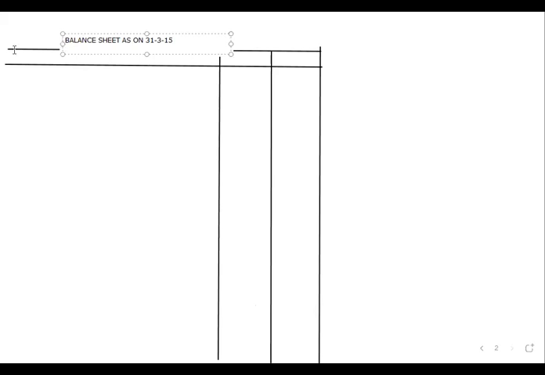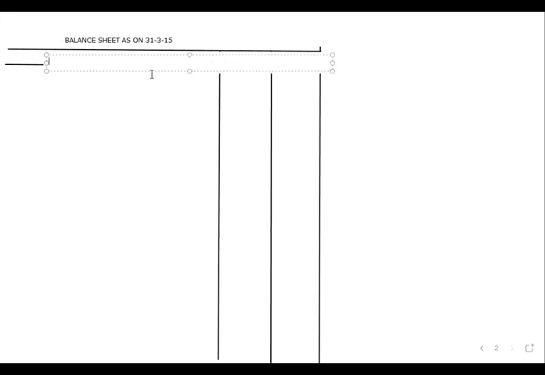Then we are going to write here particulars, amount and amount. Now in this one first we are going to have what? Share capital, isn't it? So first we are going to have always sources of funds, that is liabilities. So in this one again I'm taking first share capital. So in this one liabilities.